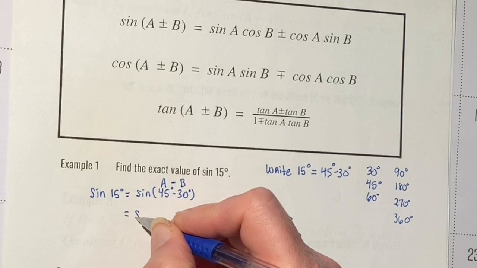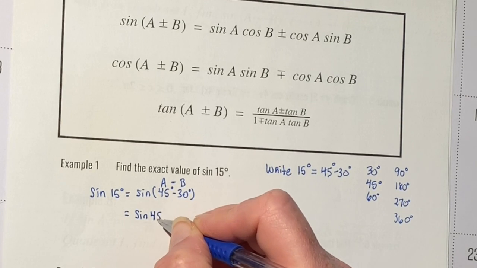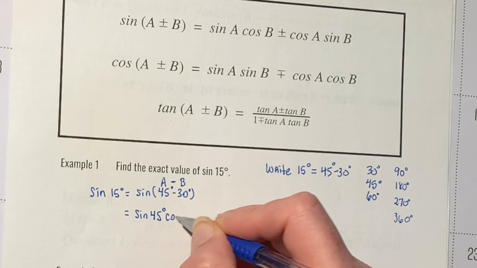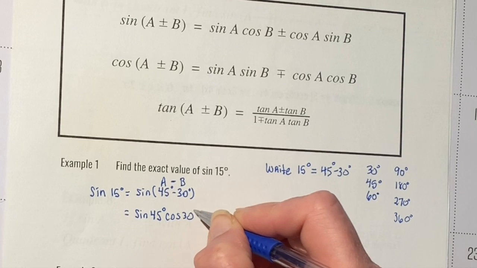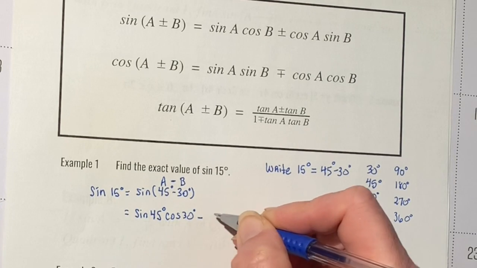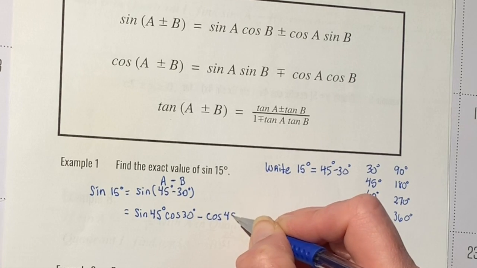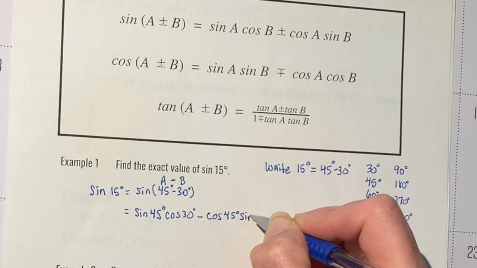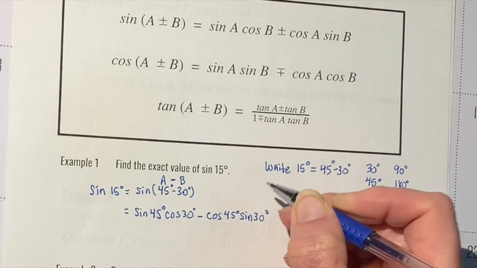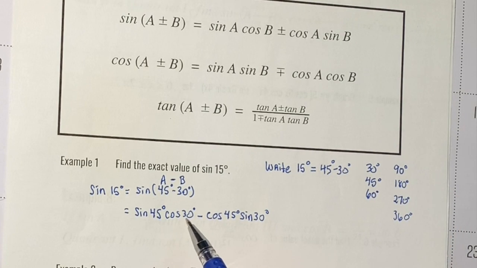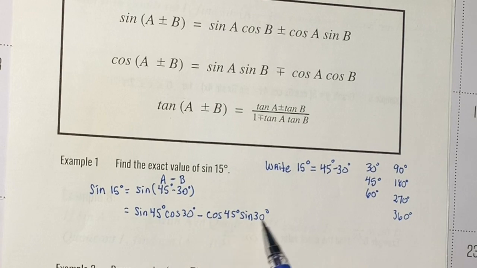So the sine of 45 degrees times the cosine of B, which is 30 degrees, minus the cosine of 45 degrees times the sine of 30 degrees. This is my A, B, A, B. But it's sine, cosine, minus cosine, sine.